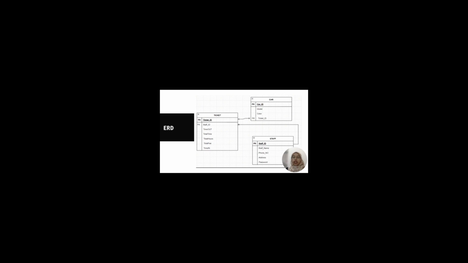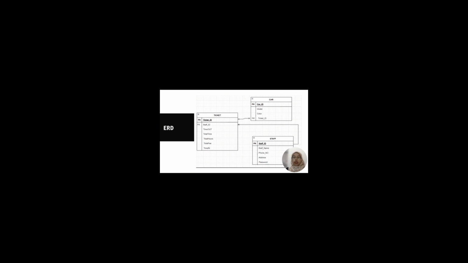What we can see, the attributes for the first table are car ID, model, color, and ticket ID. For the first table, car ID will be the primary key and the ticket ID will be the foreign key. The second table is the ticket table, where ticket ID will be the primary key and the foreign key will be staff ID.